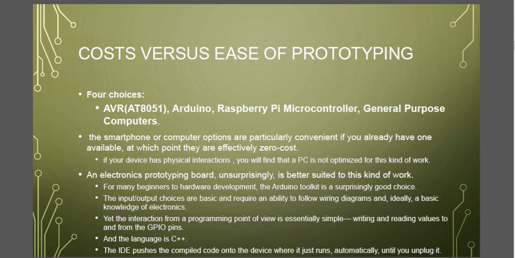So there are 4 choices that are readily available. The first one is the AT8051, that is AVR, a microcontroller. Second one is the Arduino, which also uses a microcontroller as the main controller. Third one is the Raspberry Pi, which is generally used for IoT projects.